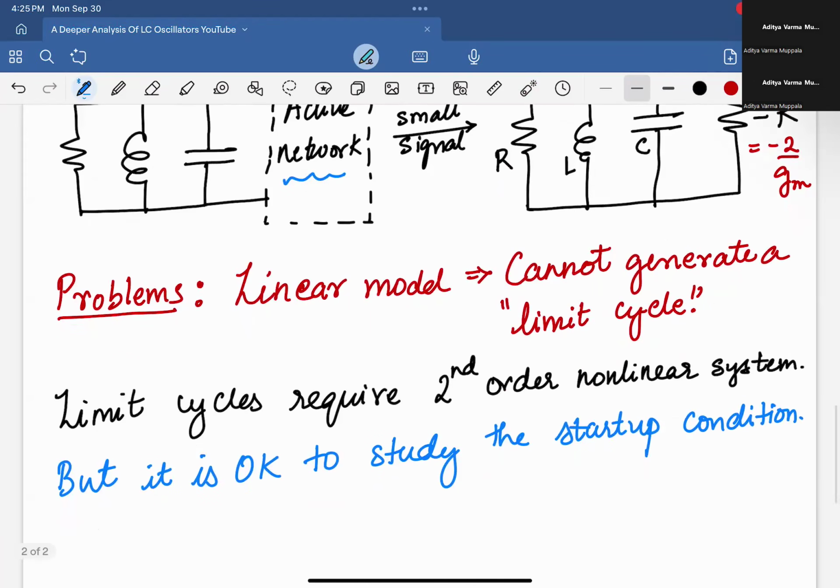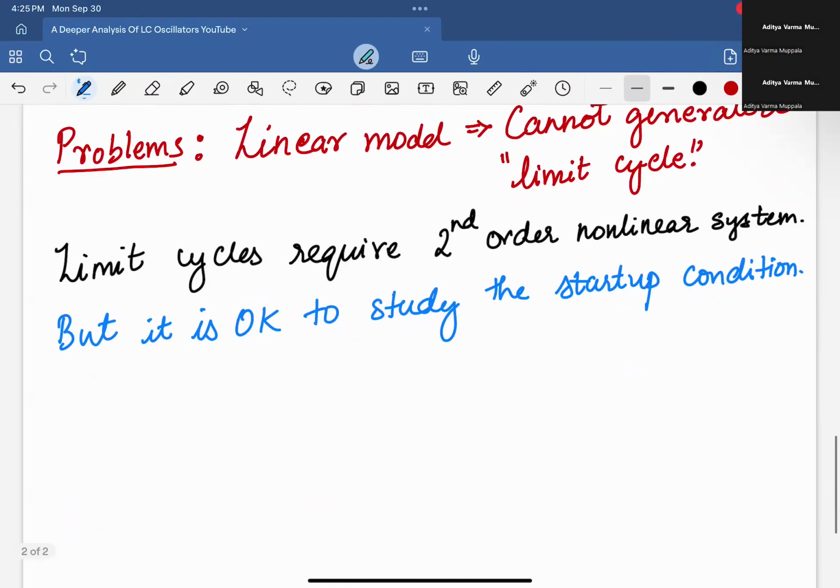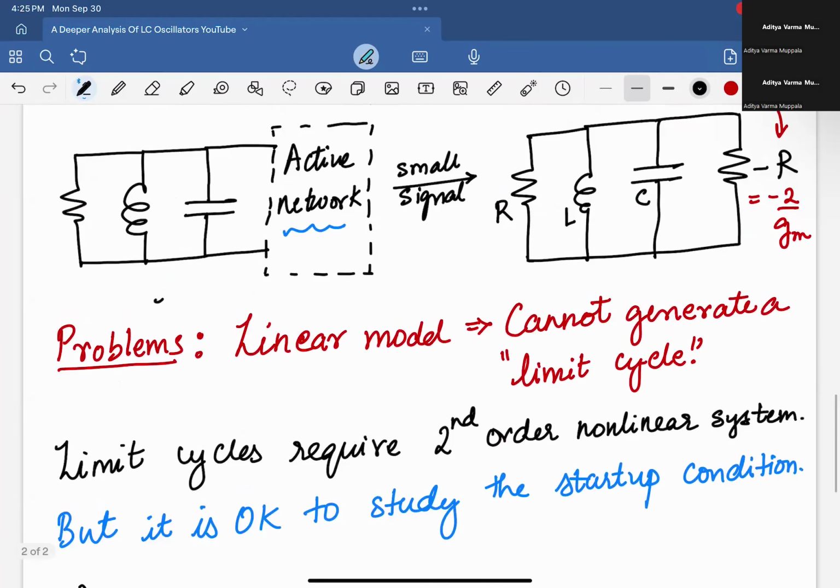The noise can be amplified and can oscillate. But of course, it's not good enough to actually study the dynamics, right? So in today's video, we'll look at the extension to the nonlinear case. This is a more rigorous approach, and it gives you a deeper understanding of where exactly the oscillation is coming from, right? It's not really coming from these guys. It's actually driven by this guy, and that's what we'll see.